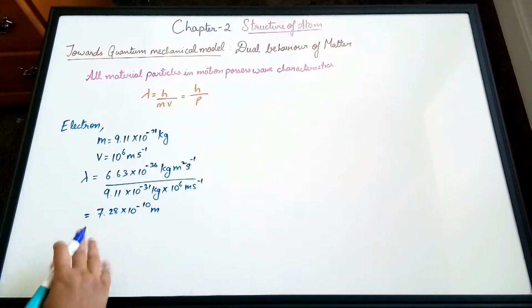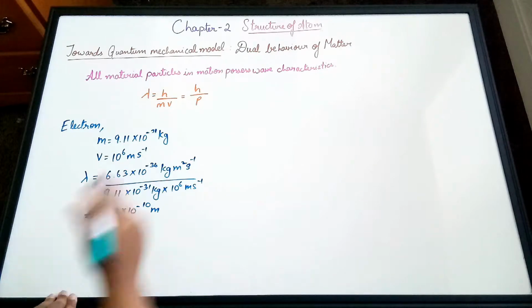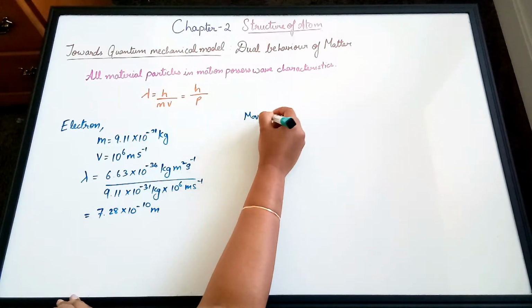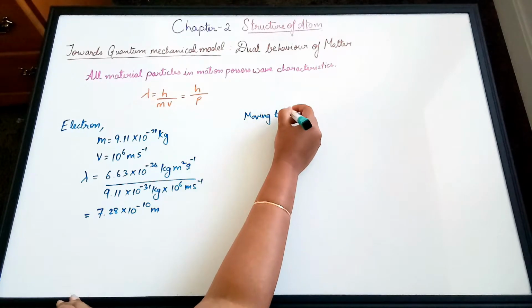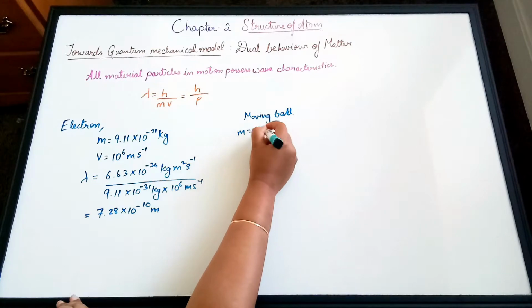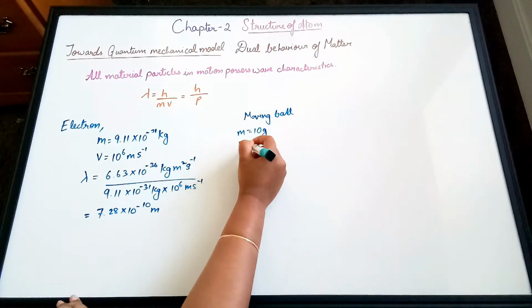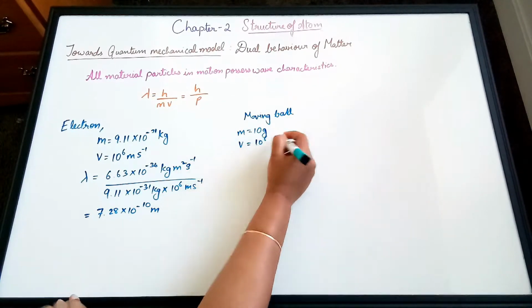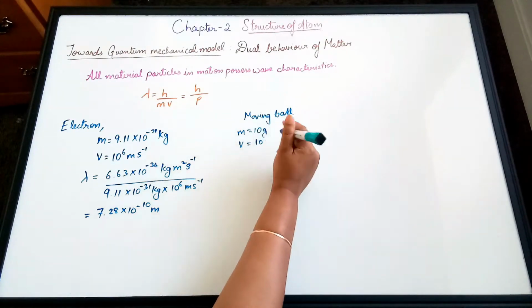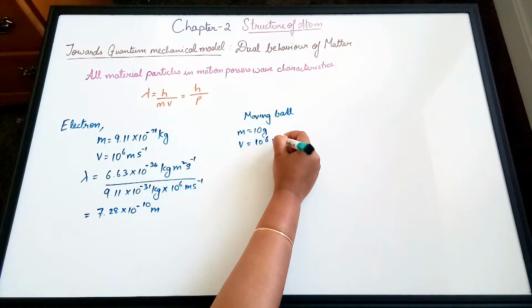Now the wavelength is very, very small. Now let's calculate the same for a moving ball and then compare. So the mass of the moving ball is assumed to be 10 grams and its velocity is assumed 10 to the power 6. We are assuming both these objects are moving at the same velocity, so 10 to the power 6 meters per second.